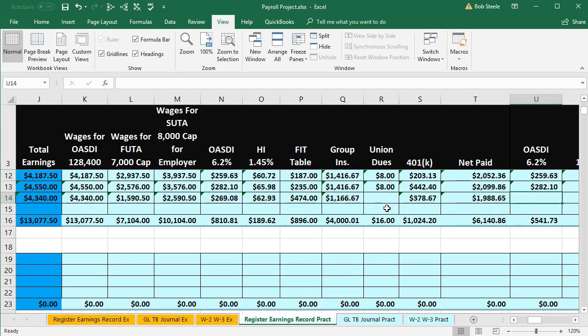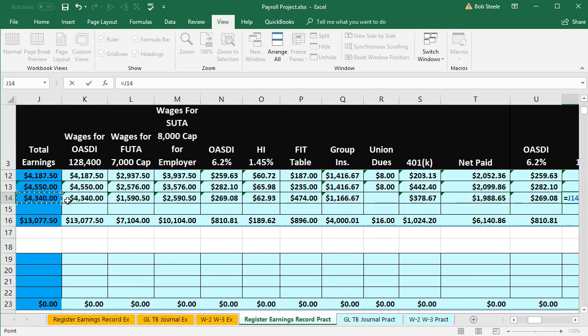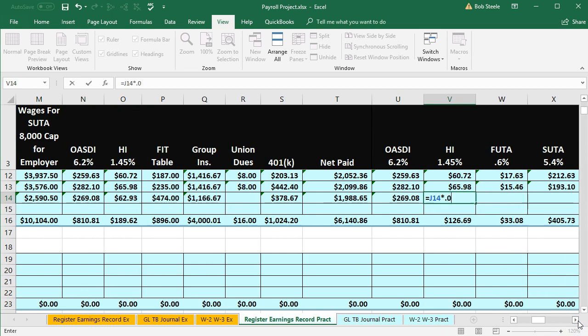Okay, and then we want the OASDI for the employer. Recalculating it equals the OASDI times 0.062. That's going to be the 269, which should match here. And then the HI is going to equal the HI wages, which is going to be just the total, scrolling back over, times 0.0145, tab.